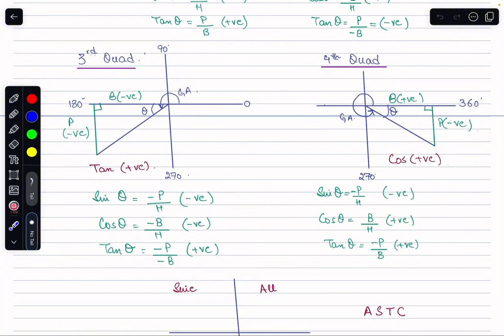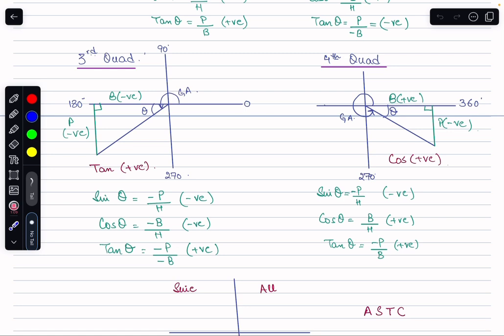Hypotenuse being neutral, it's always going to be positive. Perpendicular is negative, therefore the sine ratio here in the third quadrant will have a negative sign. Cos theta, base over hypotenuse, base negative. Therefore, the cosine ratio will have a negative sign here. Tan theta is perpendicular over base, negative over negative. That gives me a positive.